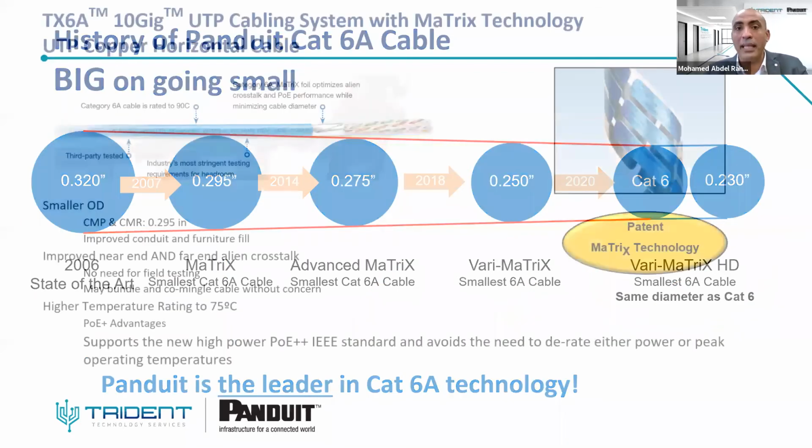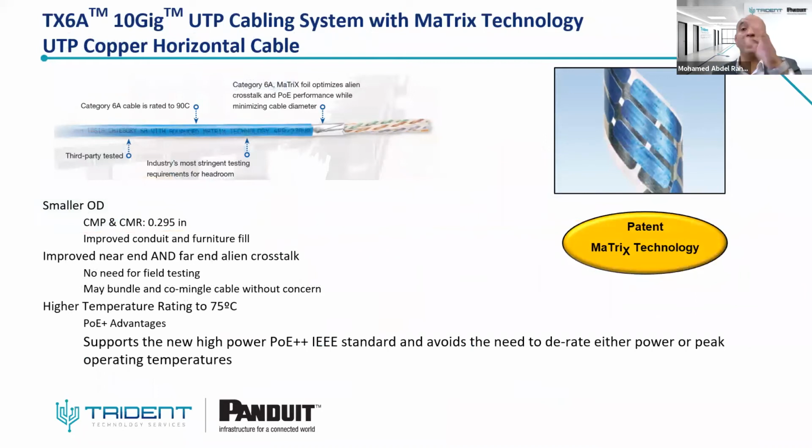So let's talk about the matrix cable, which is also the recommendation from the TIA and ISO to have isolation wrap construction around the cable. This isolation wrap, as you can see here, is the matrix tape. The matrix foil tape is cut by laser, and it is optimized for alien crosstalk.